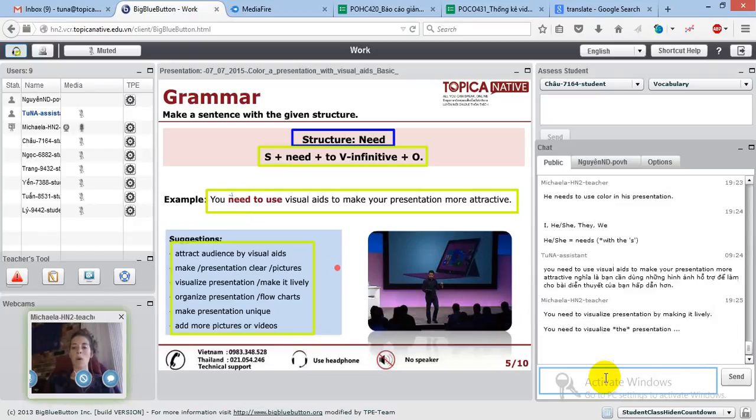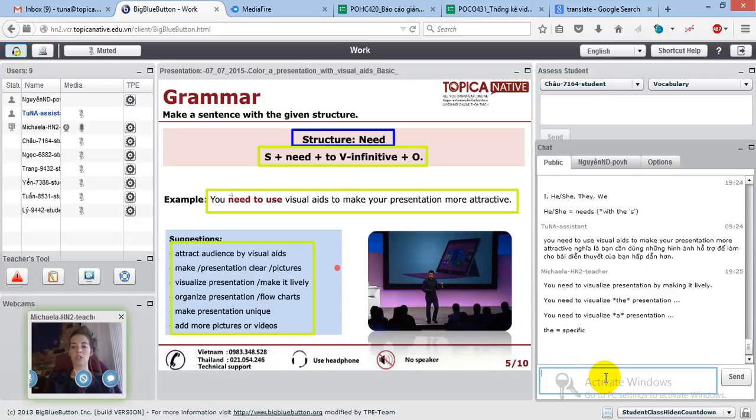Or you need to visualize a presentation. Okay, so the would be for specific and a would be for general. So if you're talking about a specific presentation, you'd say you need to visualize the presentation. But just a general, any presentation, you'd say a. Okay, but you need one of those.